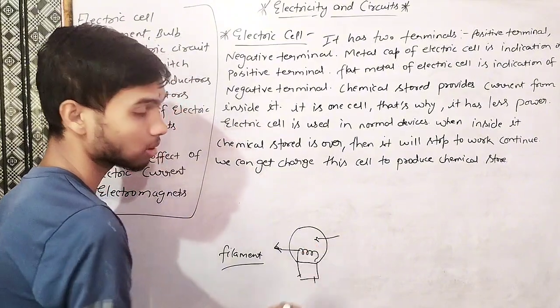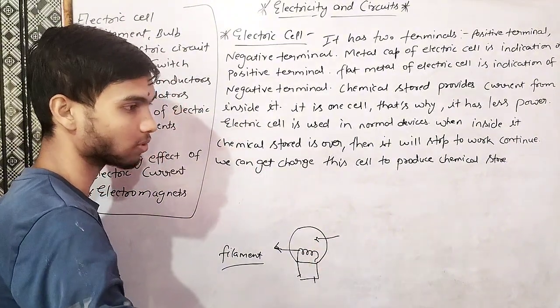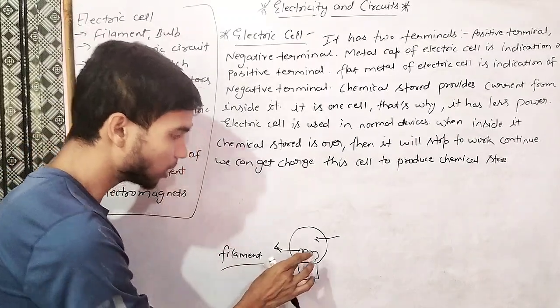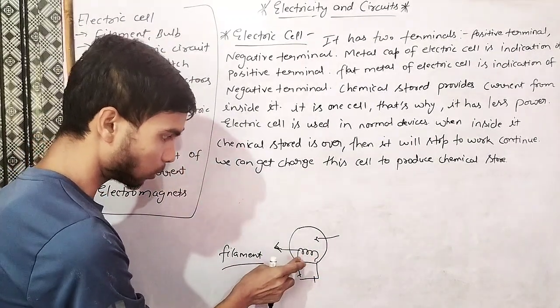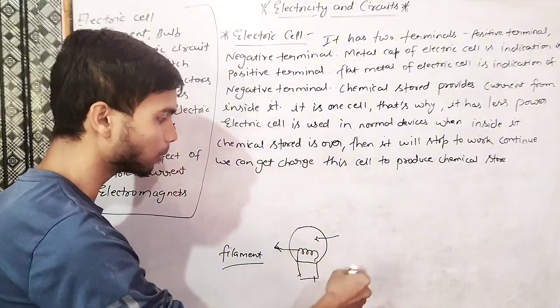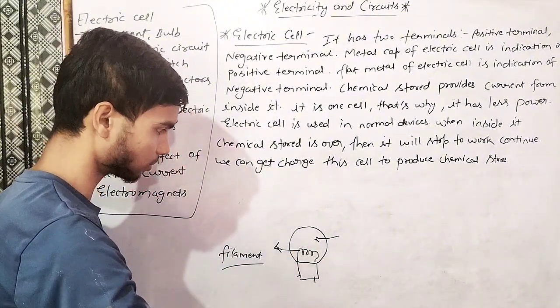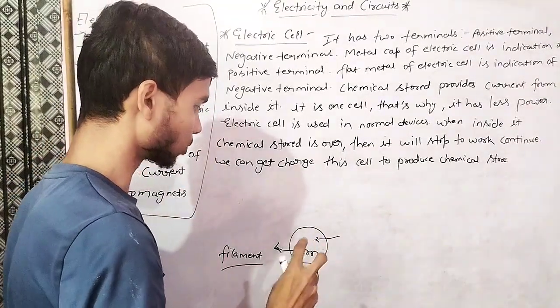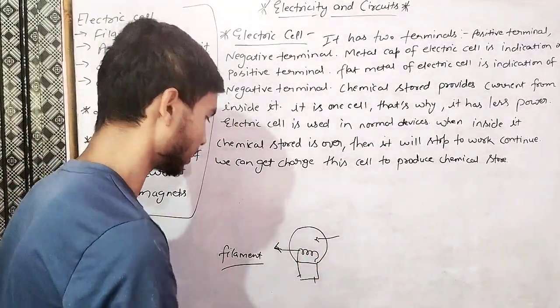Inside this, gas is found. The bulb will glow when current is provided through this filament. Then this curve will glow; this curve will emit light. Clear?